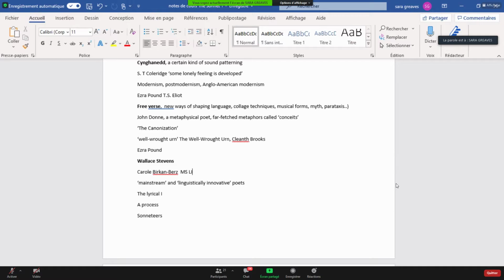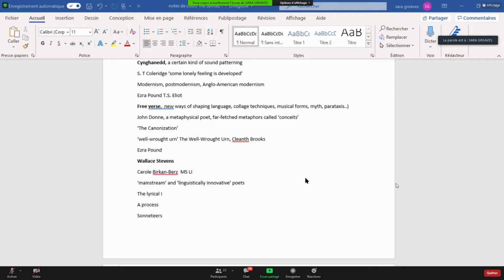So on the one hand, you've got poetry which is more accessible to the everyday reader, to the ordinary reading public, and on the other hand, poetry which is experimental, experimenting with language and questioning everything related to what poetry is, what literature is.